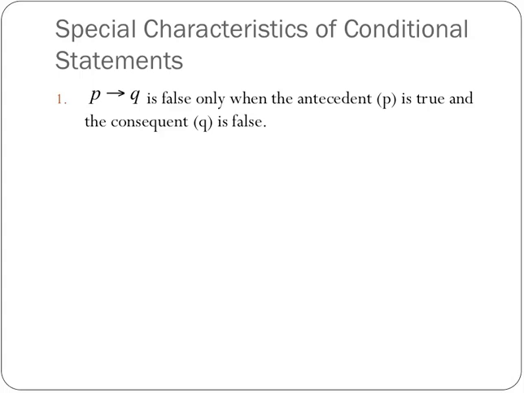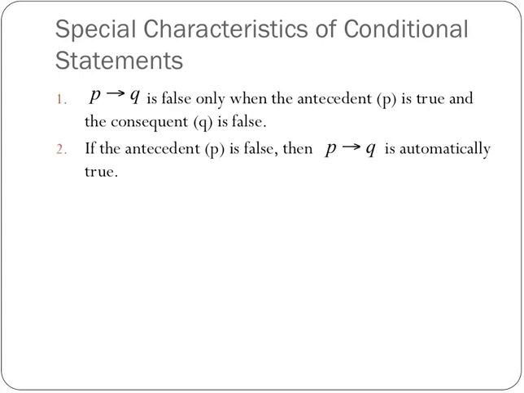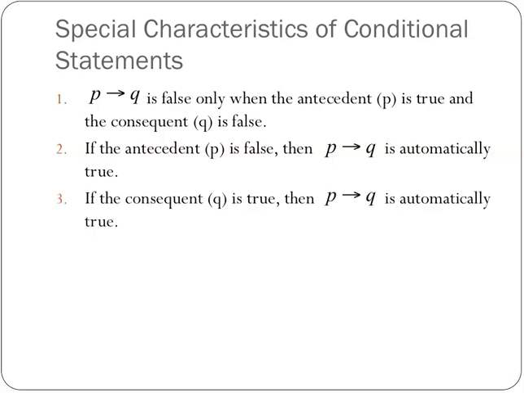So now for the conditional, I want you to think this is only going to be false if P is true and Q is false. If the antecedent P is false, then P implies Q is automatically true. If the consequent Q is true, then P implies Q is automatically true.